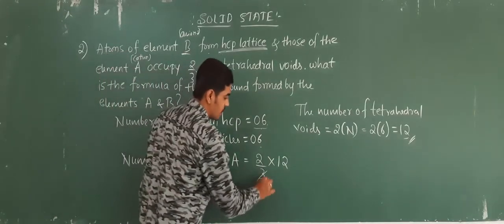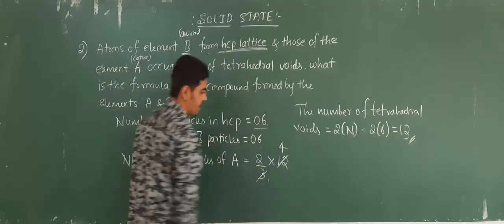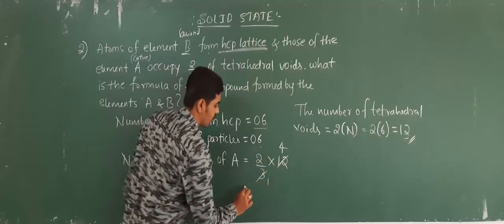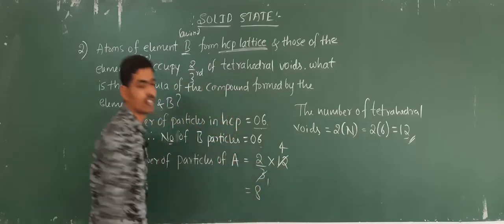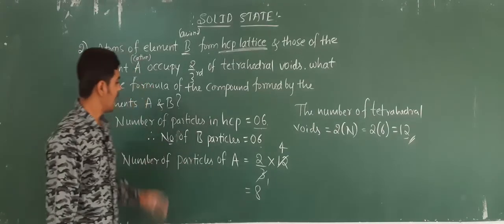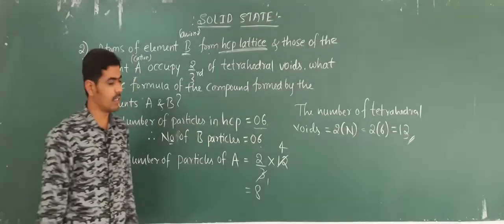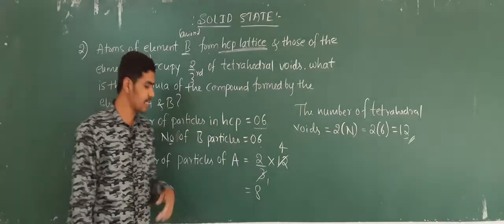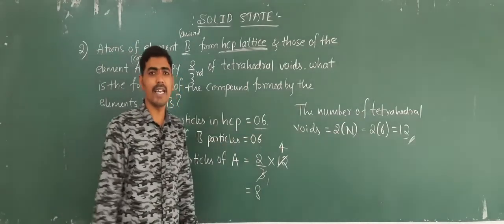Simplify this: 3 fours are 12, so 2 into 4, how much will you get? 8. So this is the number of A and number of B. Number of B particles is 6, number of A particles is 8.